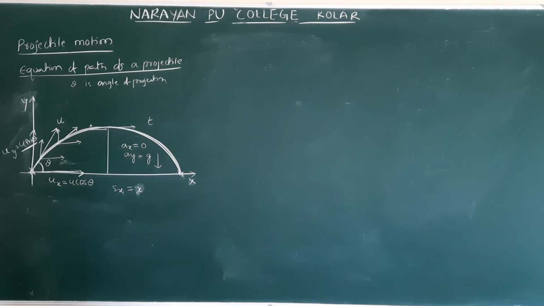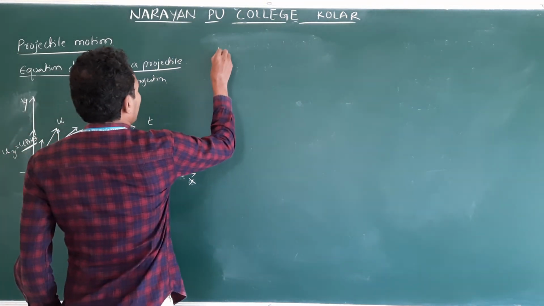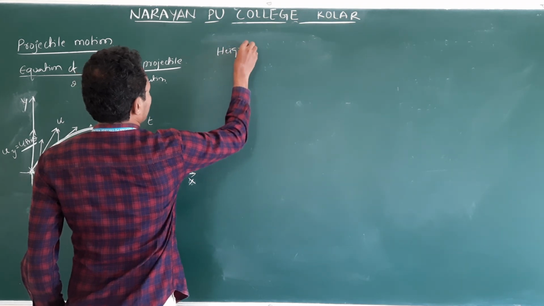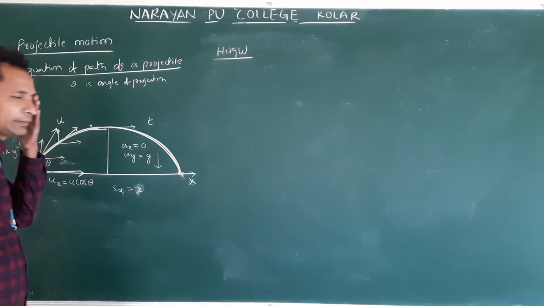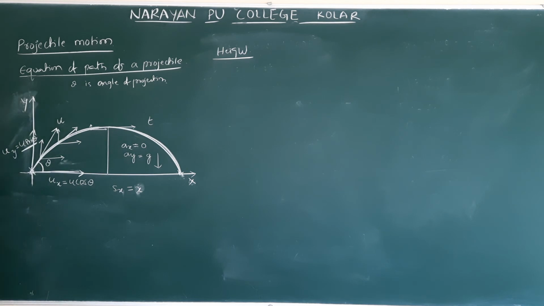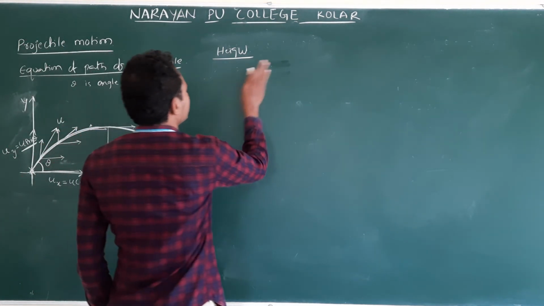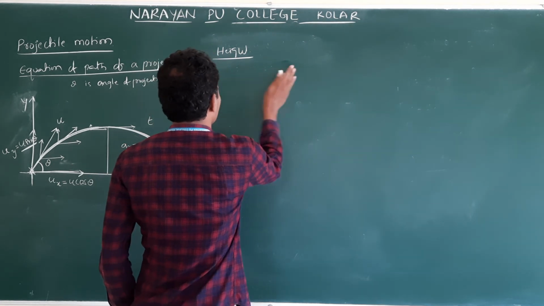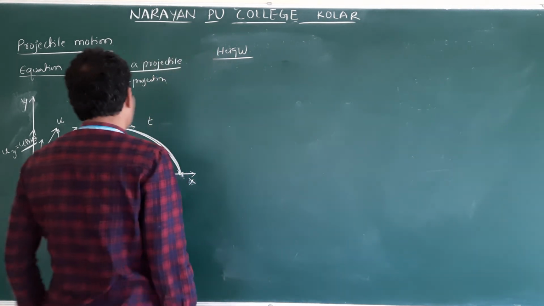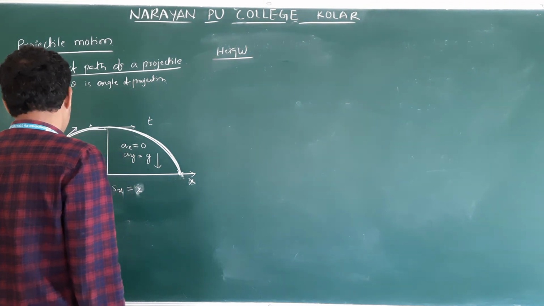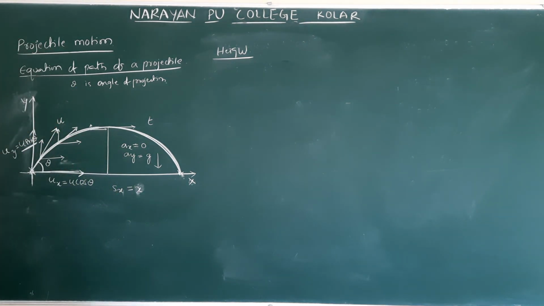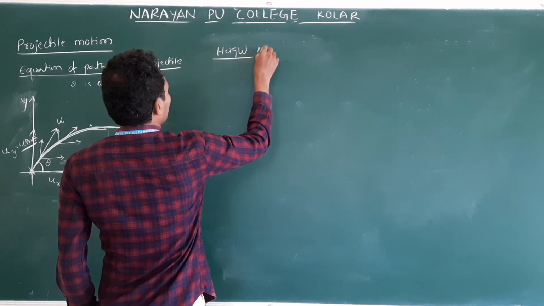Now we will try to find first the maximum height, or the height reached by the projectile. If you take simply height, you take a different equation, but we will try to find the maximum height.